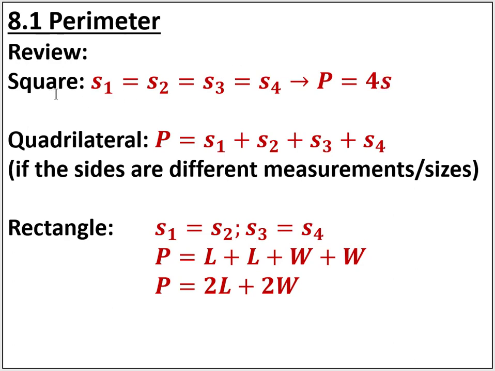Now, for a quadrilateral, a four-sided shape, the formula for perimeter is P equals S sub 1 plus S sub 2 plus S sub 3 plus S sub 4.